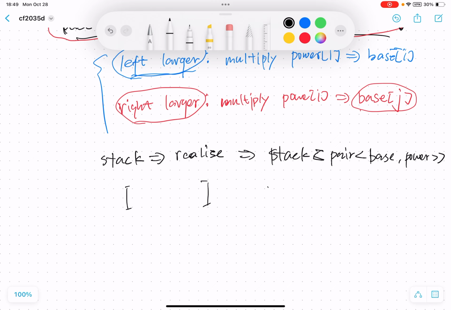So every time we get a new element, we need to check the new elements from 0 to n-1, from the first element to the last element of array A. We can get a current element, and we can get a back element of the stack.